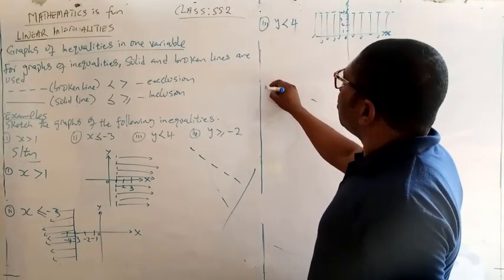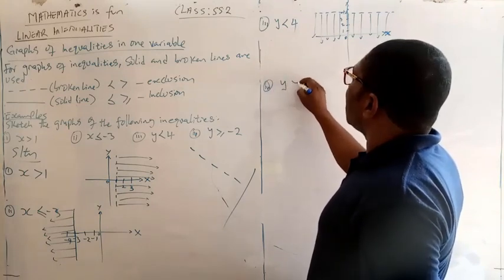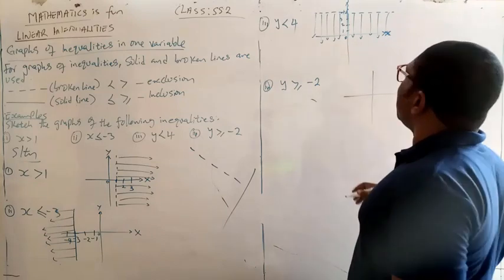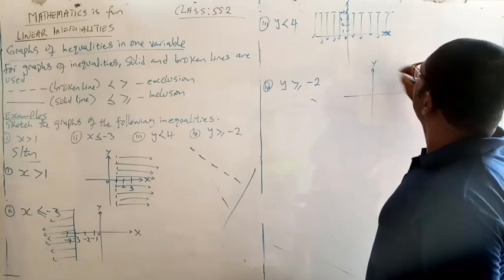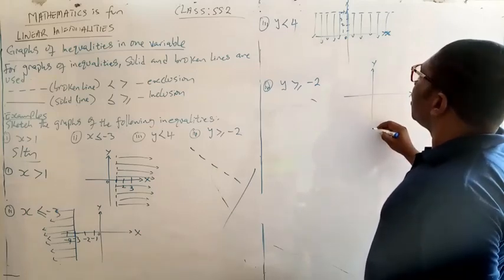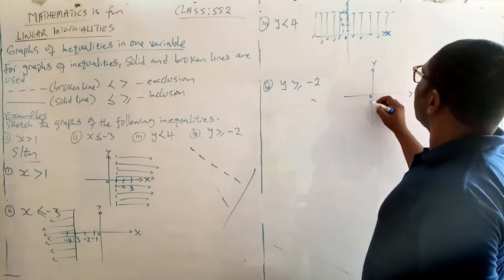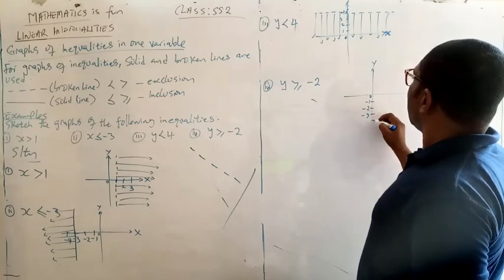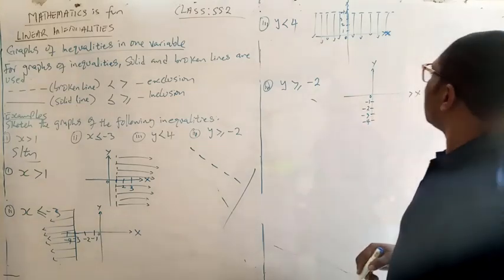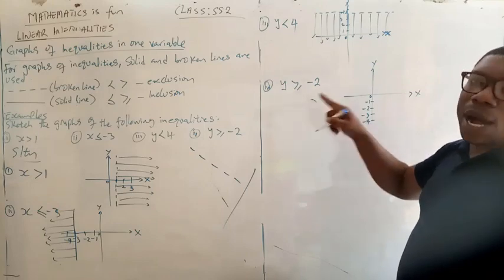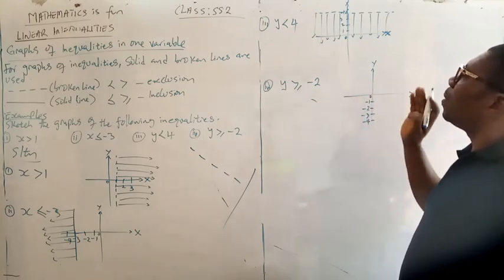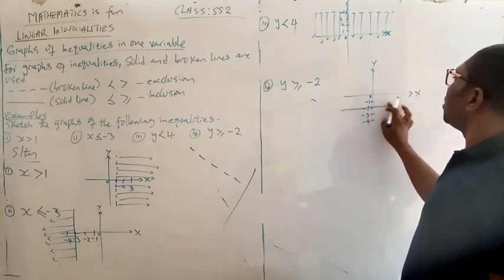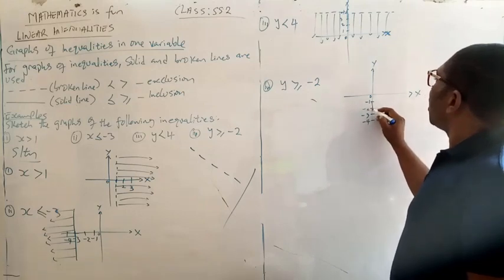And number 4, y greater than or equal to -2. Let me put my Cartesian plane this way. This is y, this is x, and it says -2. This is the origin, -1, -2, -3, -4. Now it says y is greater than or equal to -2. It is a bold, a solid line. Oh, sorry. Where's my ruler?